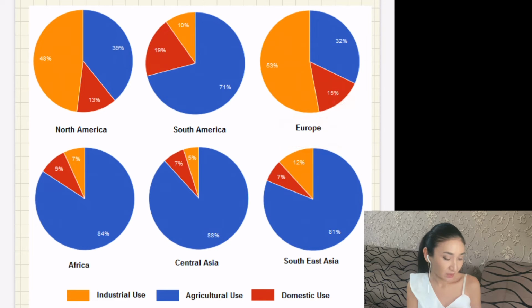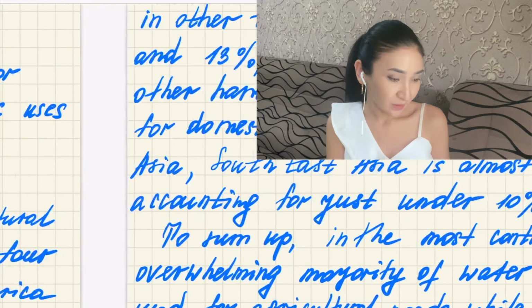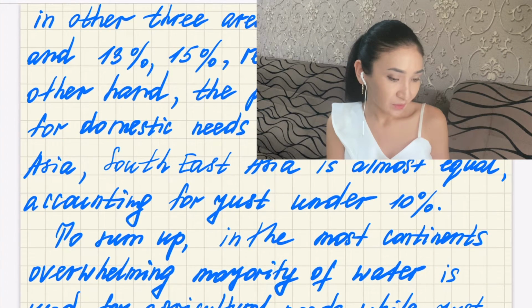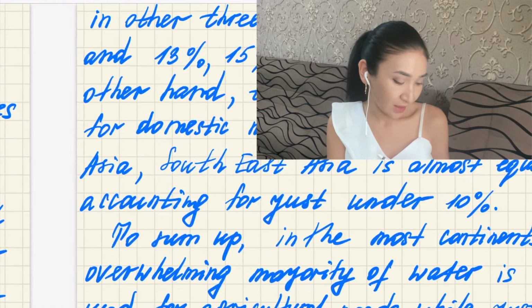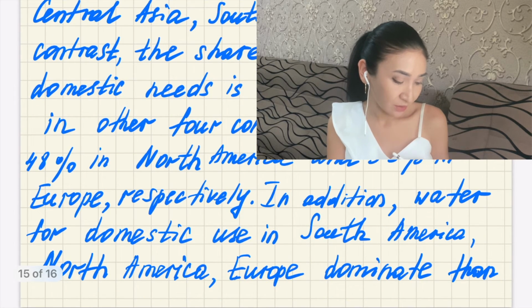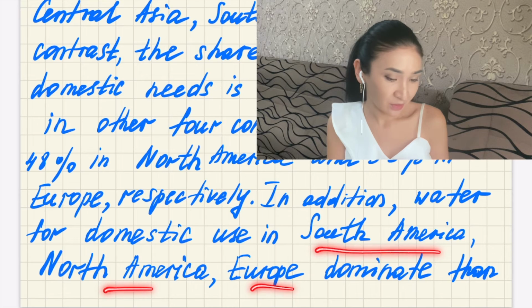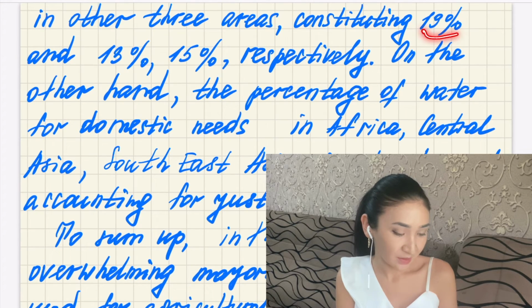I was just saying about the majority, and as you can see from the complex task, I just say here South America, North America and Europe, and put a percentage by the order 19, 13 and 15, because I want the word respectively.